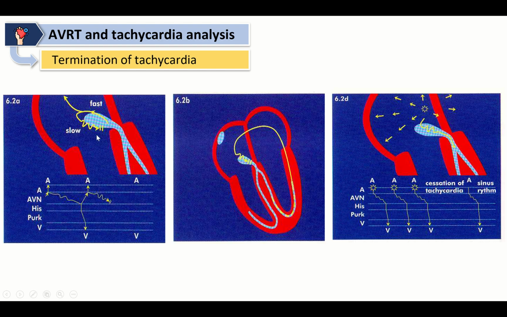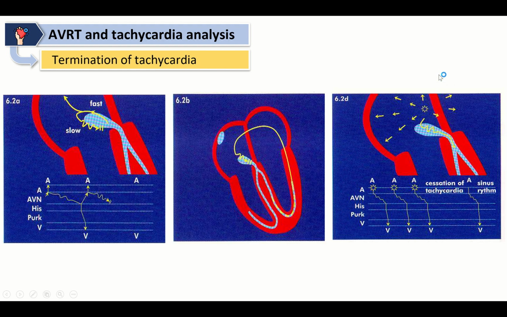In orthodromic tachycardia, in the middle panel, antegrade conduction is through the AV node, retrograde through the accessory pathway. If there is AV node block, the tachycardia may terminate with A because it is AV nodal dependent. With block in the AV node, the atrial impulse will not be able to go down antegrade.